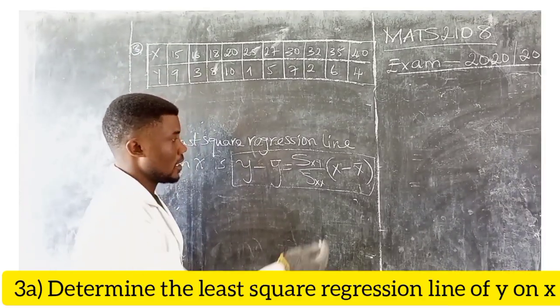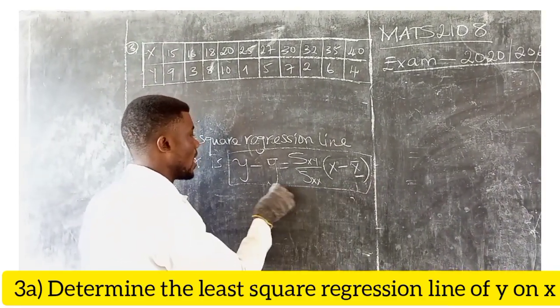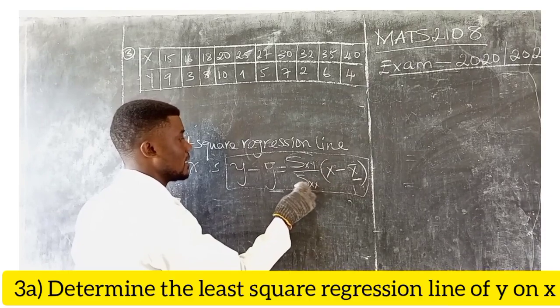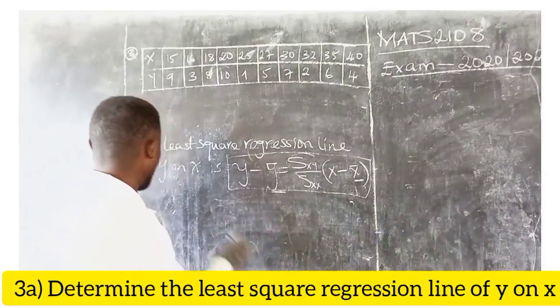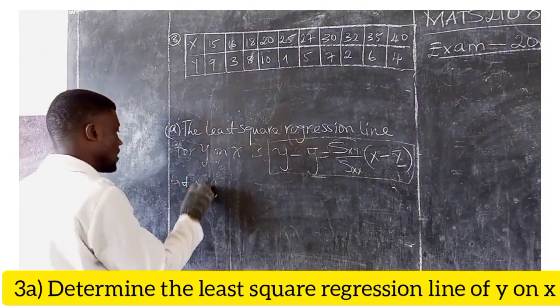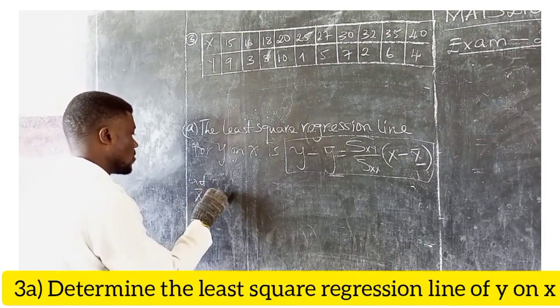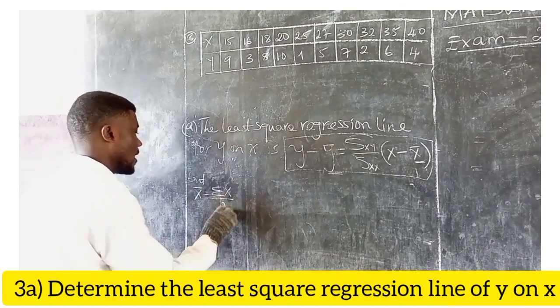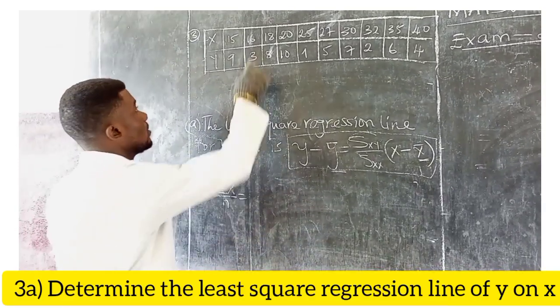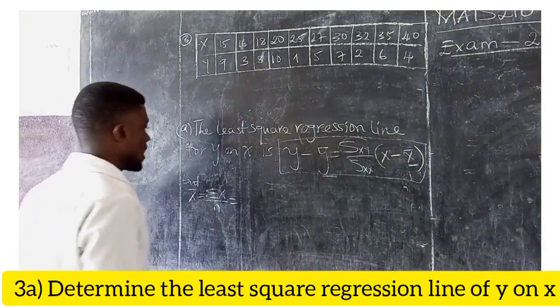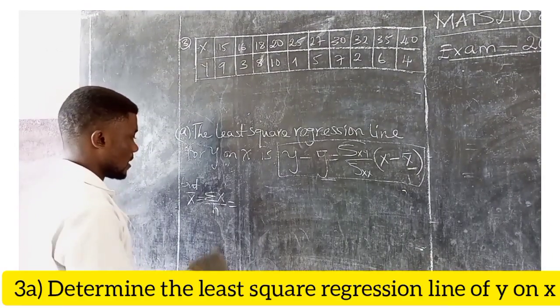And what do we need? We need x bar, y bar, this and this. So we find them. You know that x bar is equal to the sum of all x divided by n. So we add all these numbers and divide by the total number of values there.